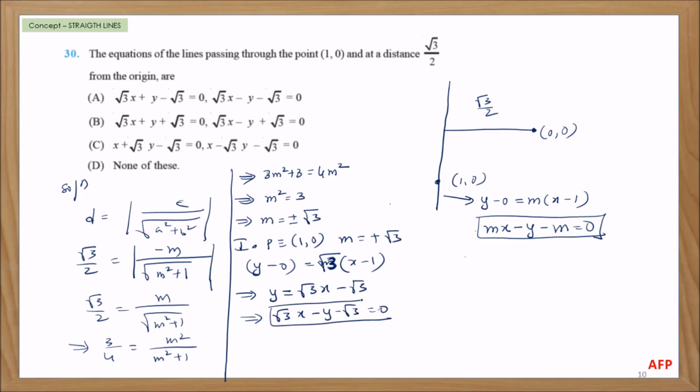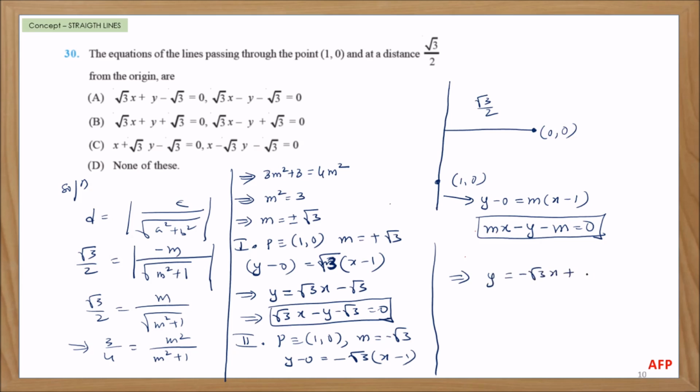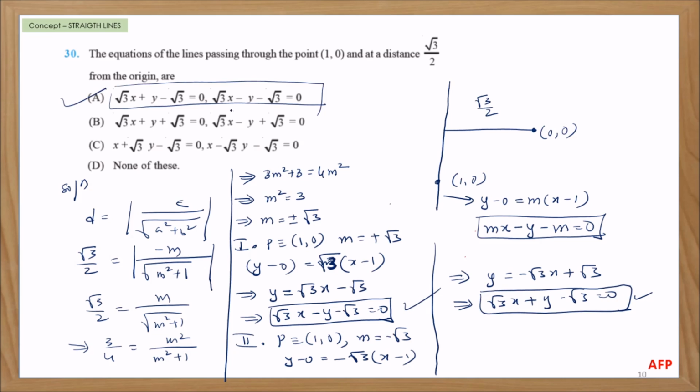This is the first case equation. Second case: again the point is given, and this time m is minus root 3, so instead of plus root 3 we substitute minus root 3. y = -root 3 x + root 3. If I bring it to the other side, root 3 x + y - root 3 = 0. So this is the second equation. So option A is the correct one.